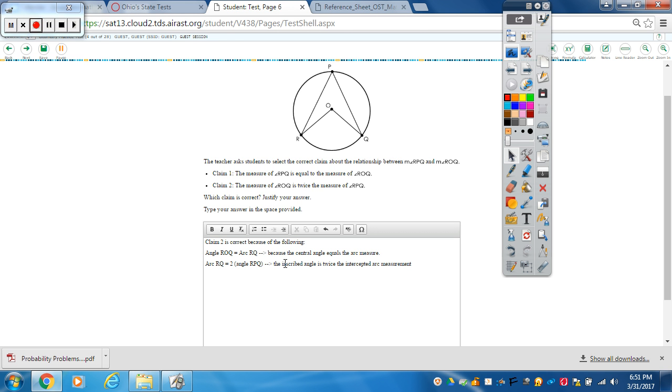And then by substitution, you can take out arc RQ and put in angle ROQ. So you could say angle ROQ equals twice angle RPQ by substitution.